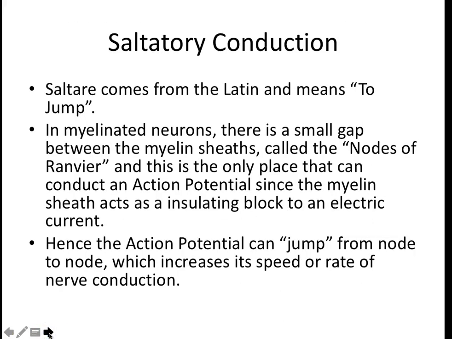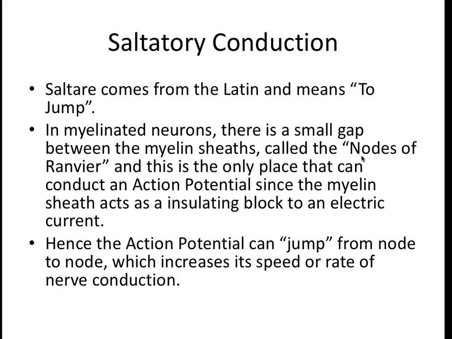Now, saltatory conduction does not mean salt. Instead, since medicine is always in Latin, saltare comes from the Latin, which means to jump. In myelinated neurons, there's a small gap between the myelin sheaths called the nodes of Ranvier. They're called the nodes of Ranvier because this guy called Ranvier discovered with the microscope that there were small gaps between the myelin sheaths.